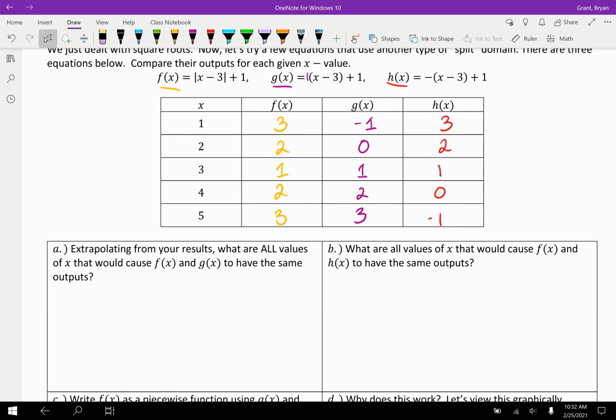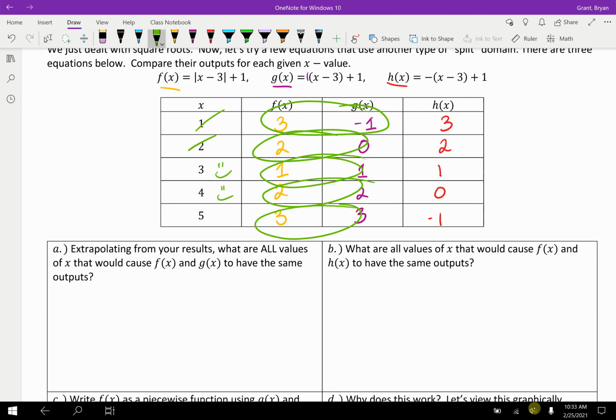Extrapolating from our results, what are all values of x that would cause f of x and g of x to have the same outputs? Well, let's compare their outputs. They're definitely not the same there. They're not the same there. But they are here, and here, and here. And I think anything larger than 5 would work as well.